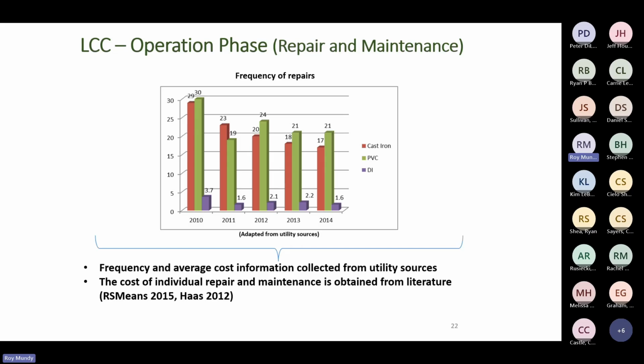And for the sake of this research, they did not include asbestos cement pipe because it's no longer being made and so forth. So effectively, they narrowed it down to cast iron or gray iron pipe, actually, ductile iron pipe, and of course, PVC pipe.